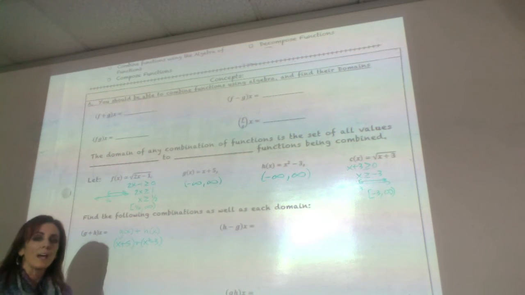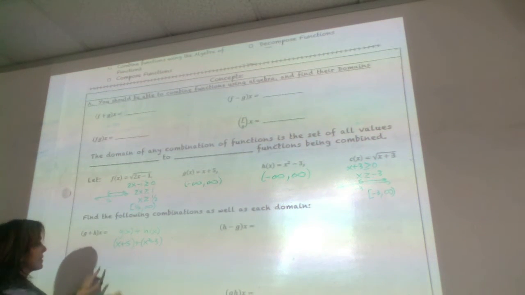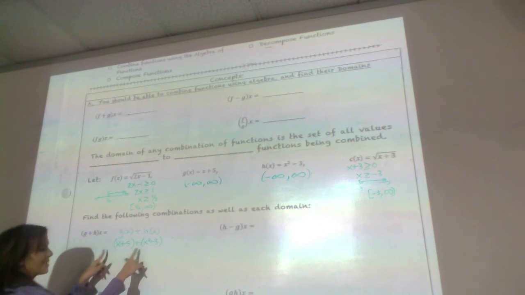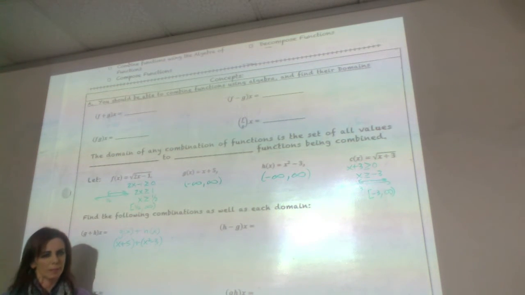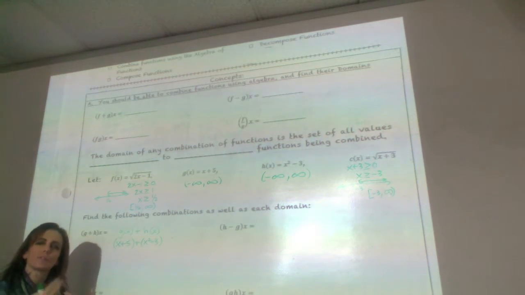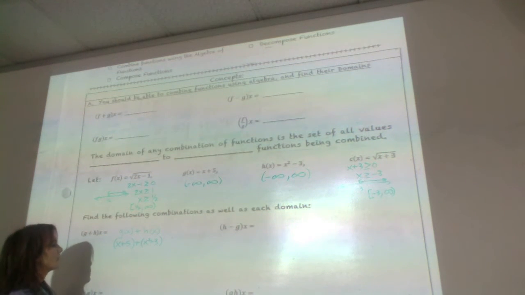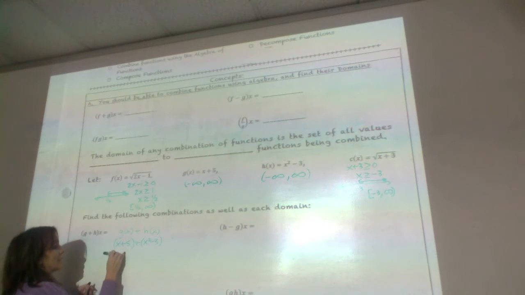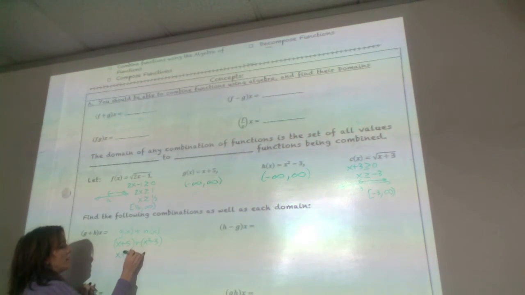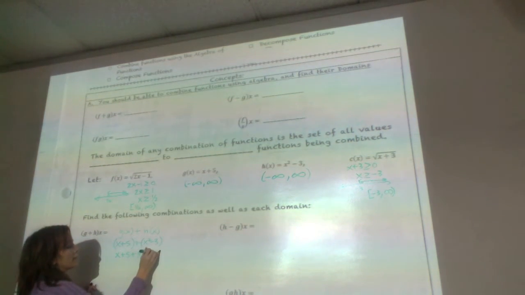All right? So now I'm going to drop my parentheses since I'm not multiplying by anything. It's always wise to keep your polynomials in parentheses to begin with, so that if we've got to distribute anything, we remember to do that. But since we don't have anything in front of these parentheses, it's just really x plus 5 plus x squared minus 3.